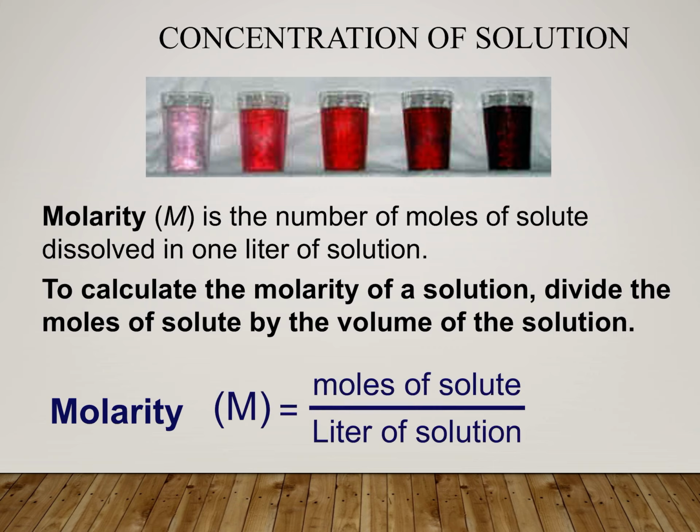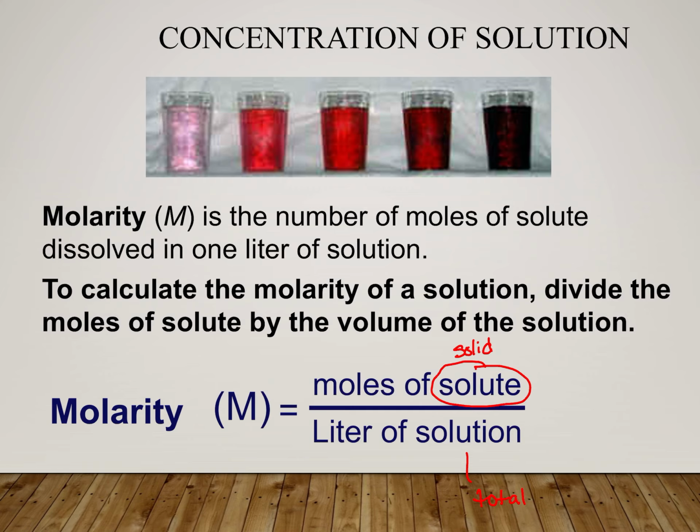And so make sure that we're using, so this is moles of stuff that's dissolved, like maybe a solid, right? And our liters of solution, this is total, right? Oftentimes it will be the liters of our solvent, just because that is the majority of the volume, but it's technically liters of solution, so be careful there.